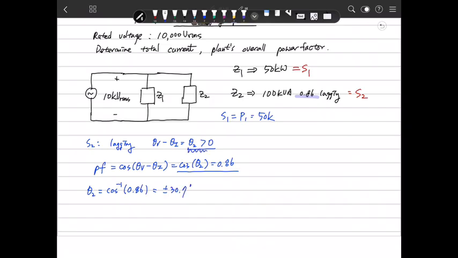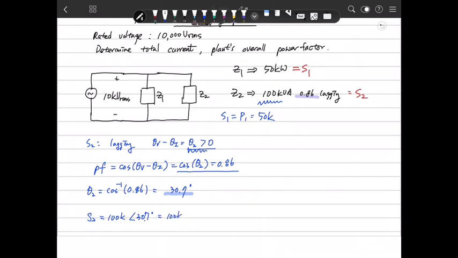But because theta 2 is positive, there is only one value: 30.7 degrees. Therefore, we can rewrite S, the magnitude is 100 kilo and angle is 30.7 degrees.